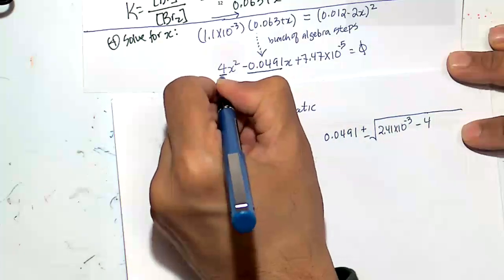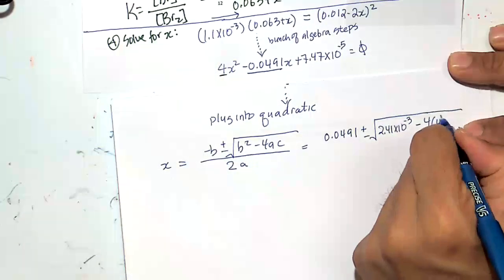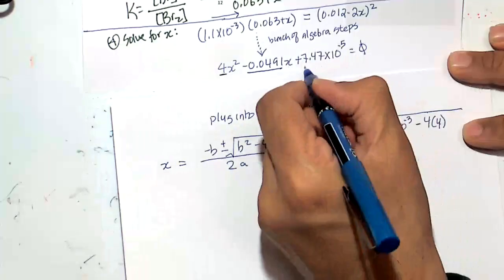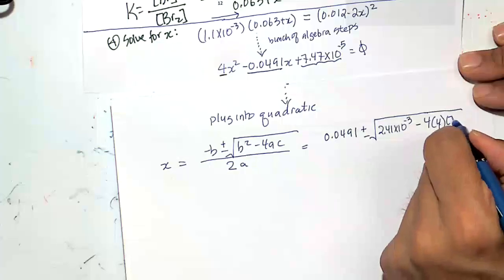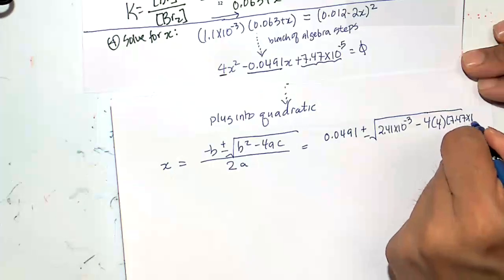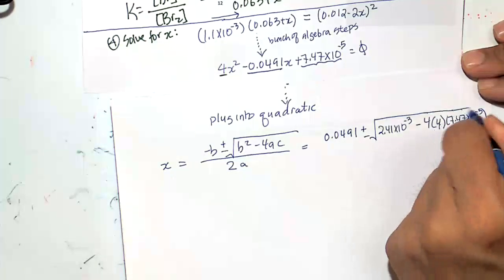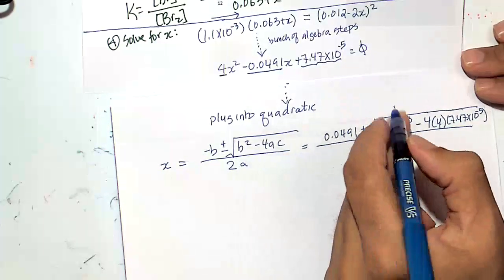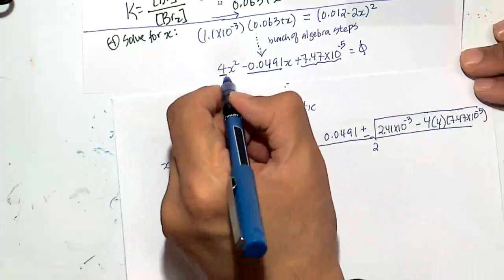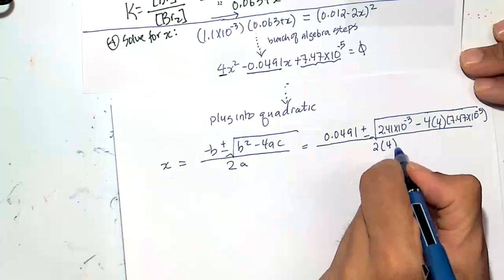What is a? 4. C. What is c? 7.47 times 10 to the minus 5. All of this divided by 2a. What is a? 4.